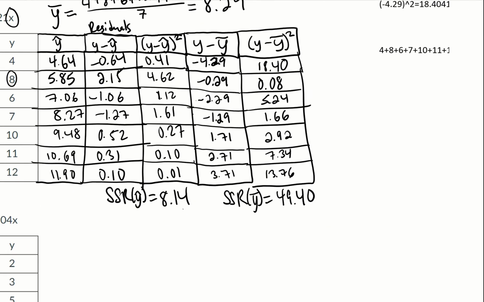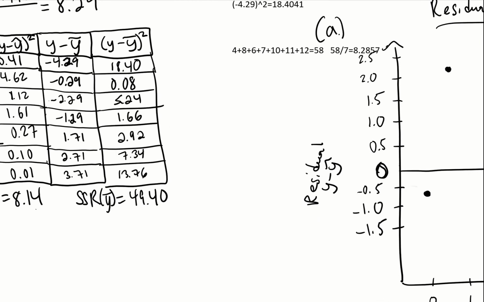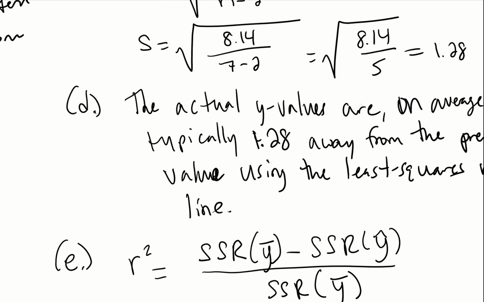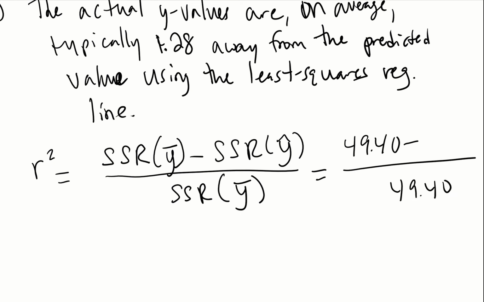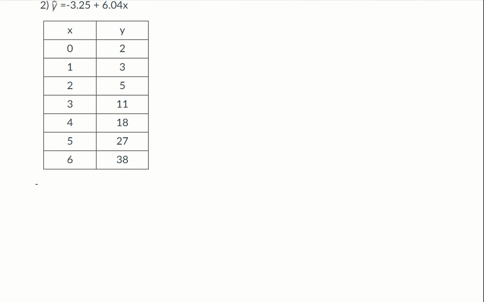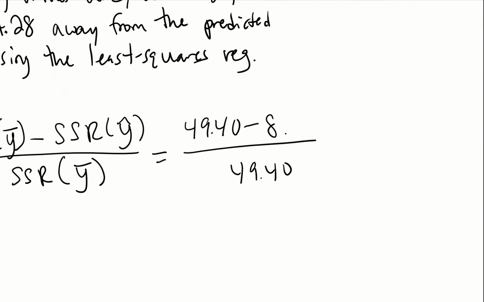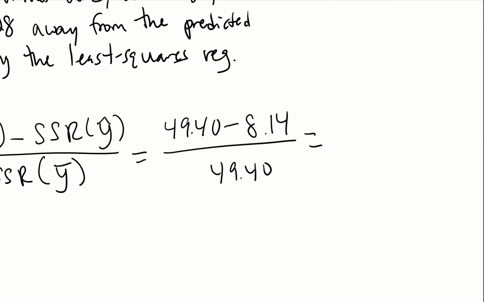Okay, so let's go ahead and calculate the r squared. We have 49.40 and 8.14, so we can go ahead and use the formula. We know that the SSR for y bar is 49.40. Same thing for the denominator. And the SSR for y hat was 8.14. Okay, and then we're going to go ahead and calculate that. Remember, when you do this, put parentheses around your numerator when you're using the calculator.